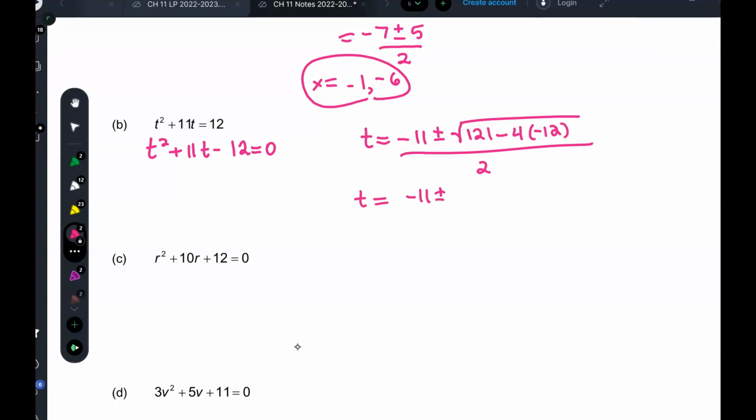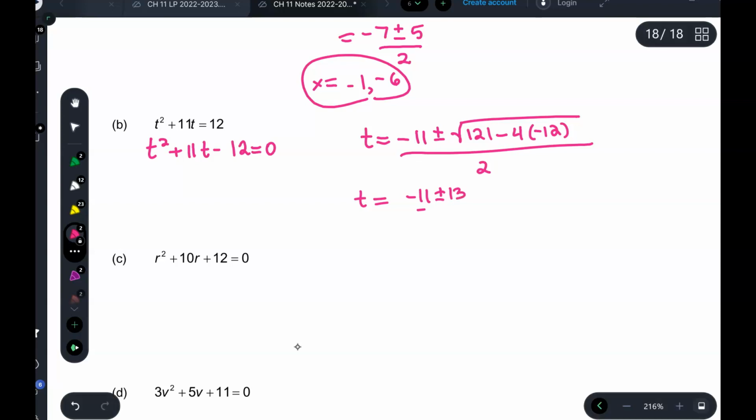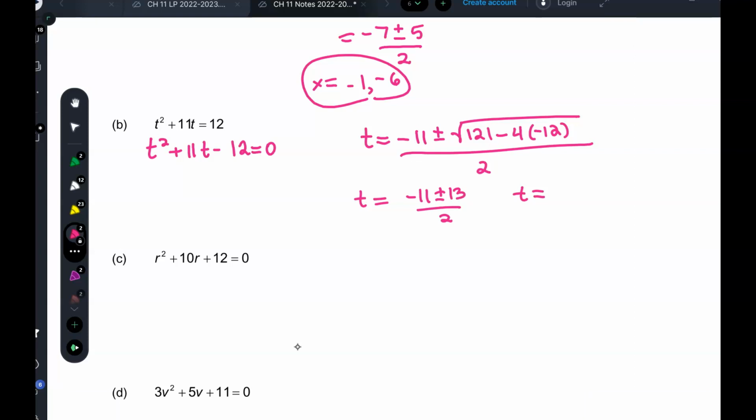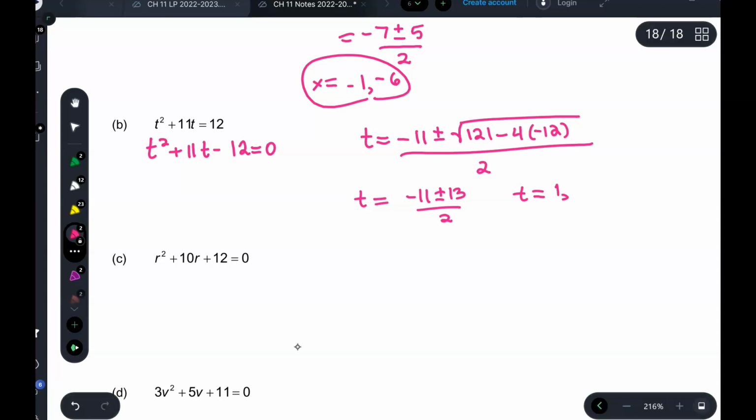so that'll be 121 plus 48, right? So that's going to give us the square root of a perfect square. It's equal to 13. Okay, so negative 11 plus 13 will be 2. 2 over 2 is 1. And what's the other value?